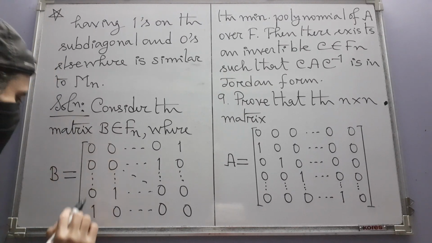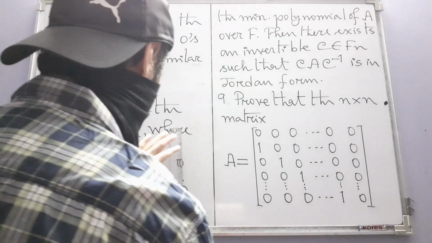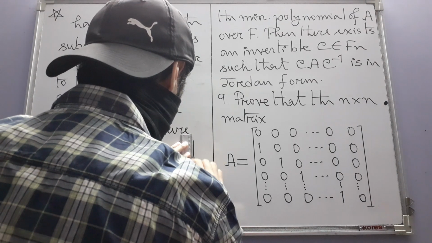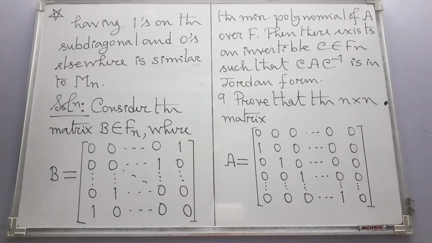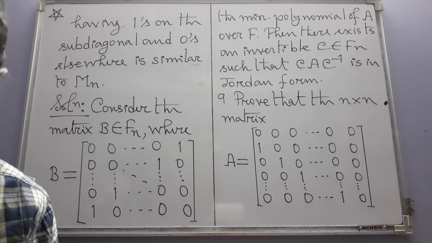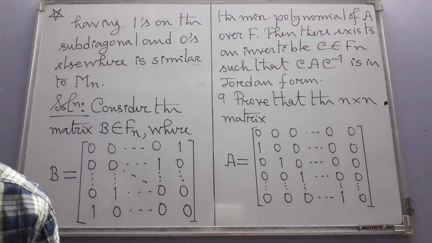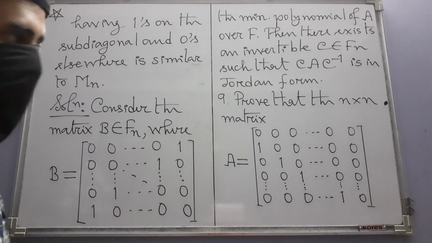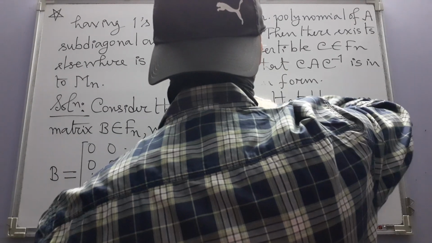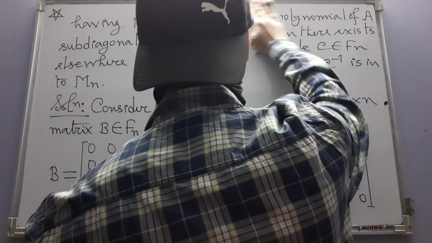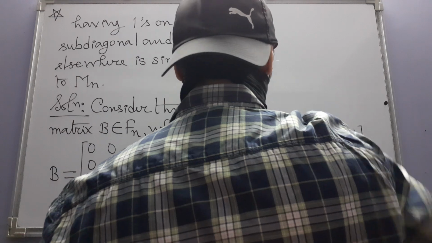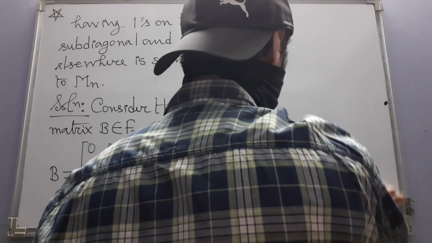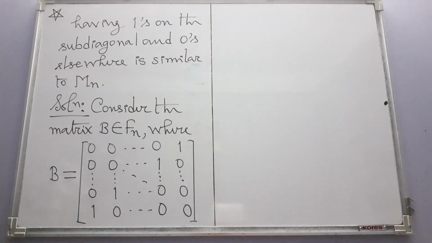It turns out that this matrix is invertible, and its inverse is B itself. This verification I am leaving to you.